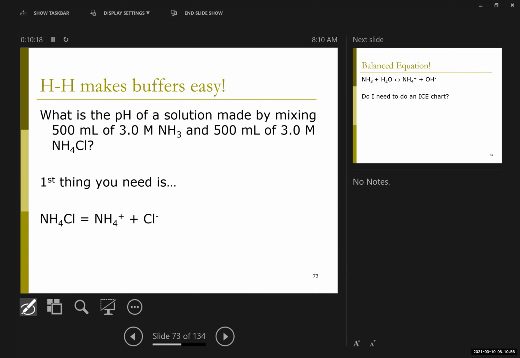So here's another buffer problem. Again, I need to recognize it's a buffer. So returning to my normal litany of things we should always do, the first thing I should really always be doing is classifying. And of course, as soon as I see the word pH, I'm thinking acids and bases.